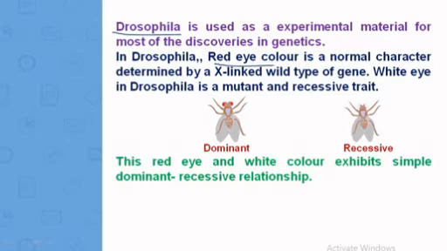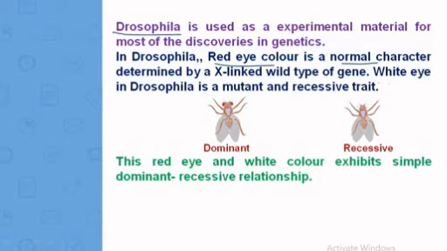Red eye color is the normal character, also known as the dominant character, and it is determined by the X-linked wild type gene.